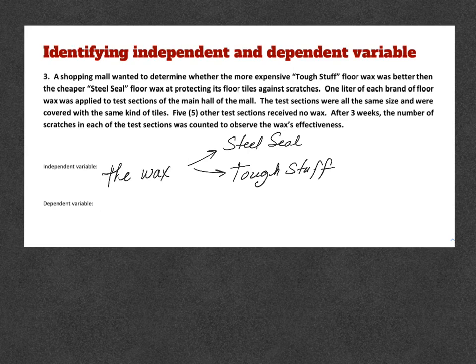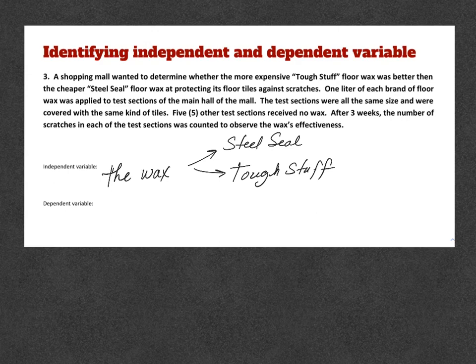Dependent. What are you observing? Which floor wax will do better in protecting the floor tiles? And what are you observing in order to determine that? How can you say, for example, that Steel Seal is better than the other one? Read by testing out each of them in a span of 3 weeks.